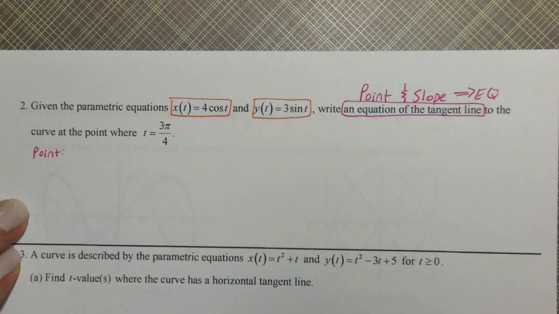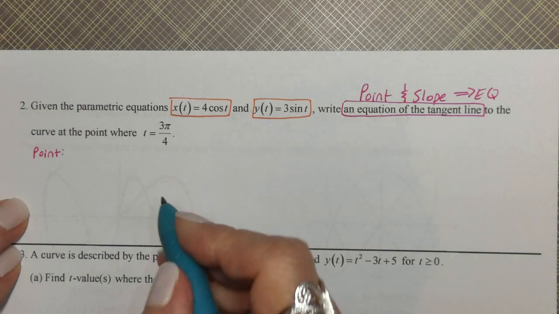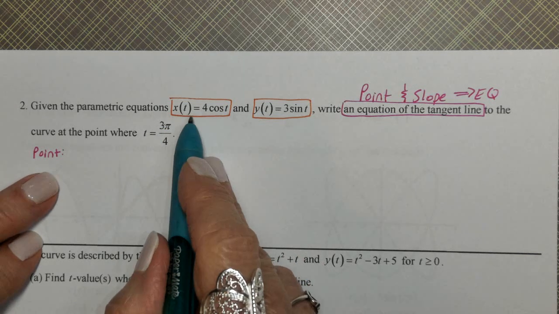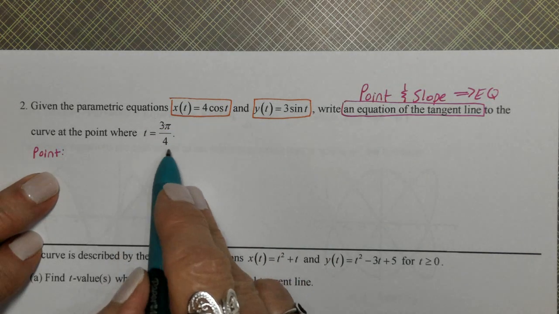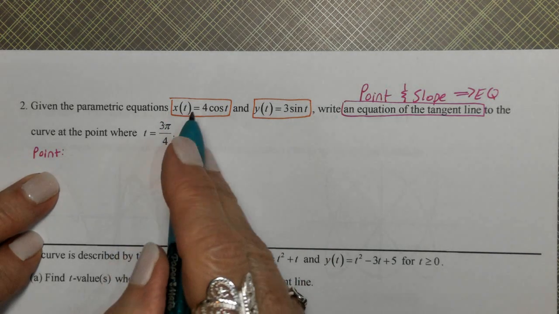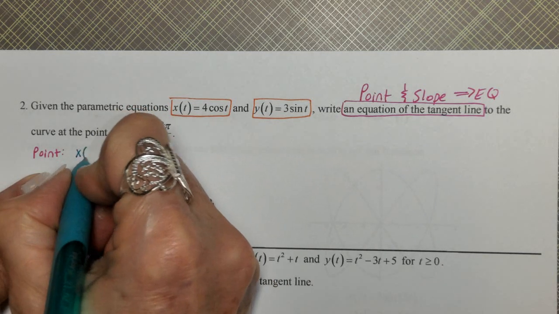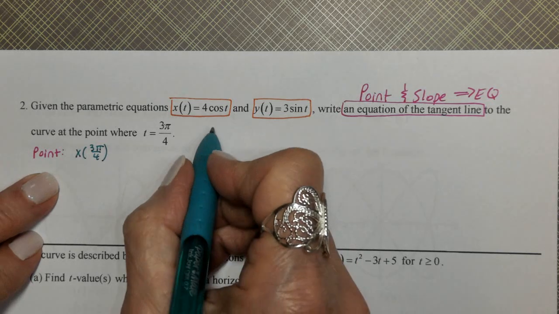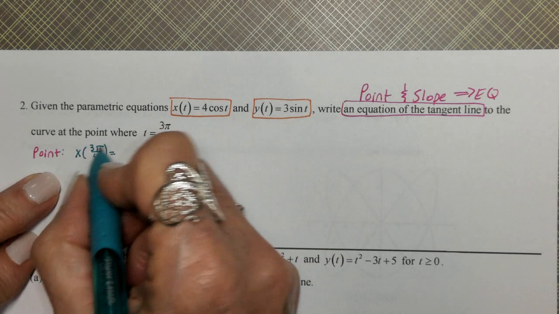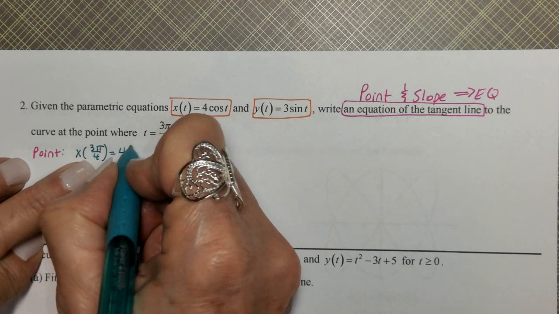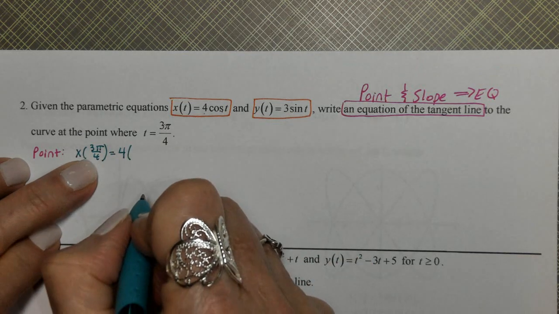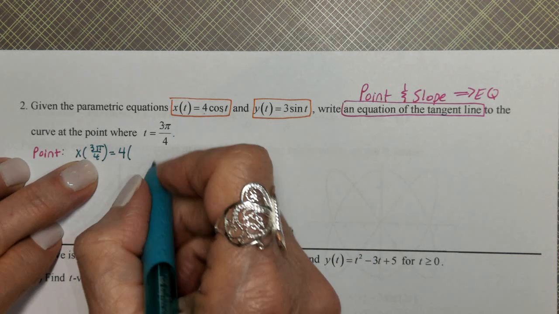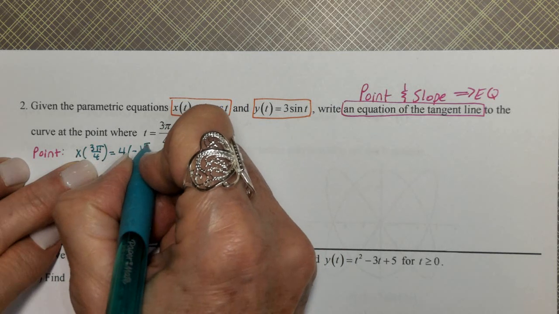For our point, the point will be x, y where time is 3 pi over 4. So I need to find x at 3 pi over 4 and y at 3 pi over 4. Well, x at 3 pi over 4 is 4 cosine of 3 pi over 4. Cosine of 3 pi over 4 is a negative square root of 2 over 2.